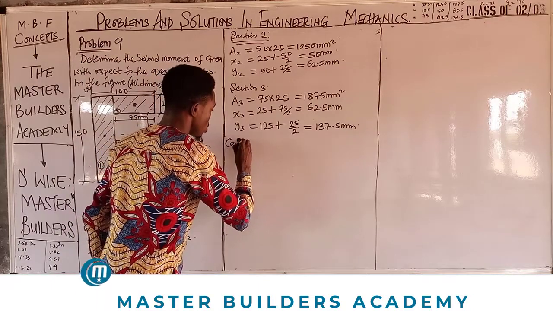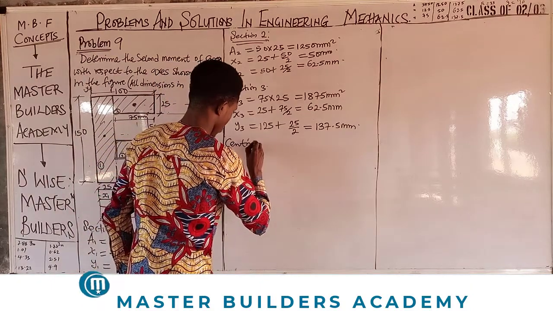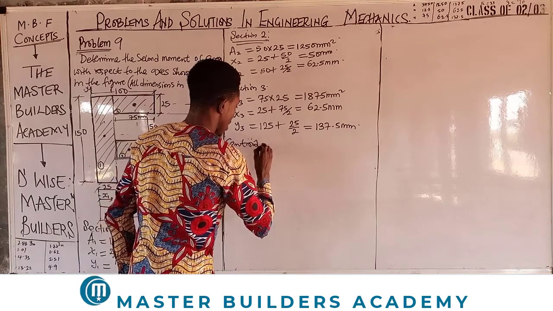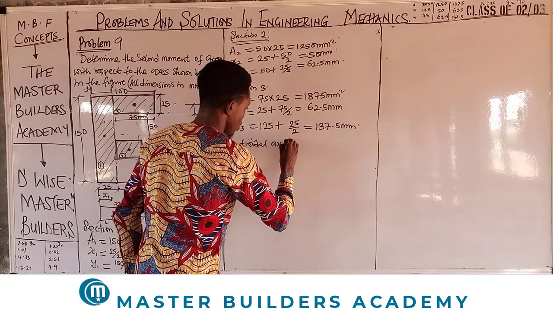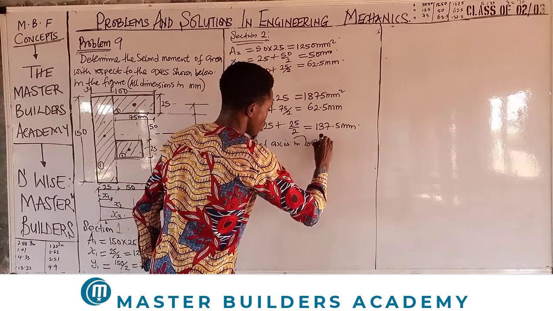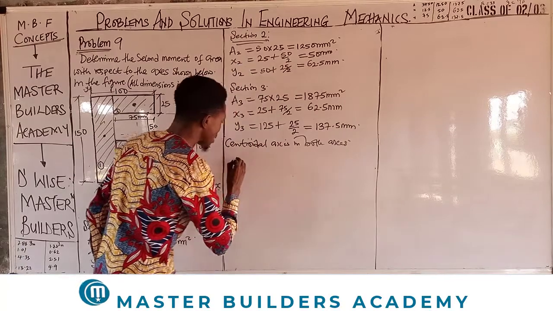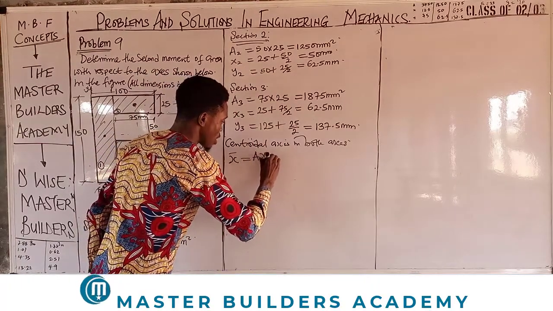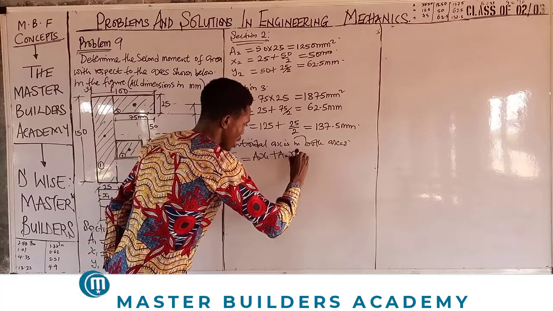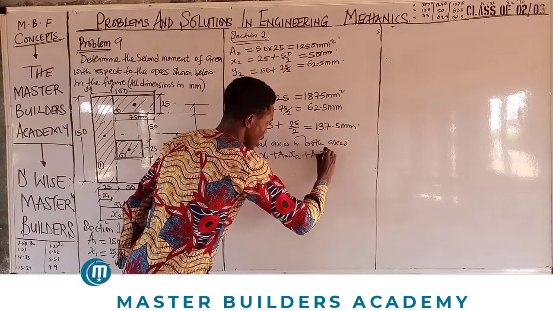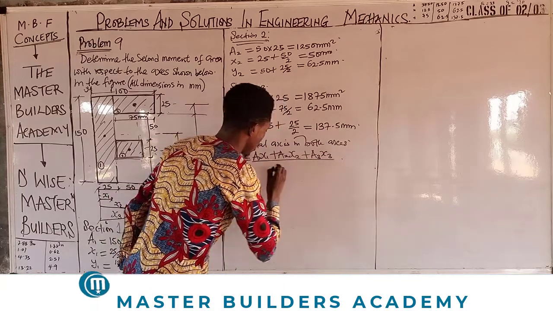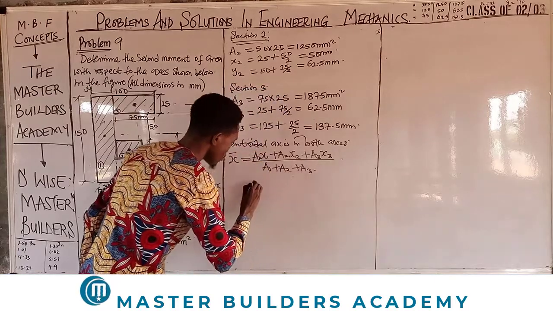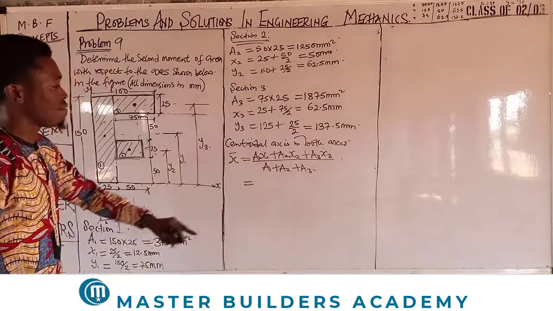Centroid, the axis in both axes. So we start with x bar. For x bar, this would be A1 x1 plus A2 x2 plus A3 x3, all over A1 plus A2 plus A3. Very quickly, let's substitute their values.